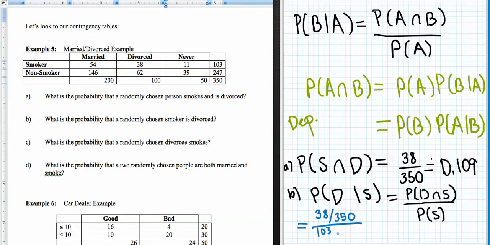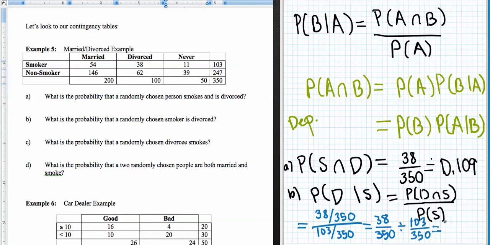And with a little bit of basic math with fractions, this is 38 out of 350 divided by, because that's what the fraction bar means, 103 divided by 350. And then we multiply by the reciprocal, which means we flip over the second fraction.